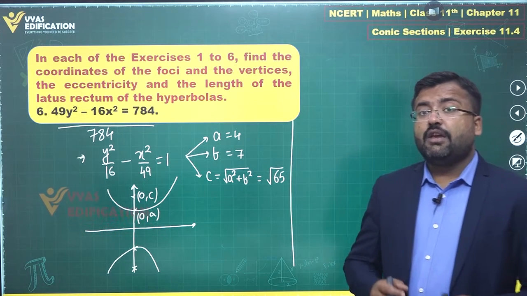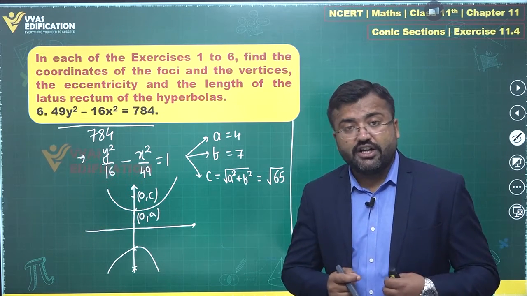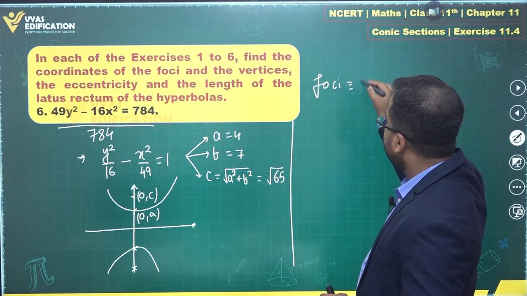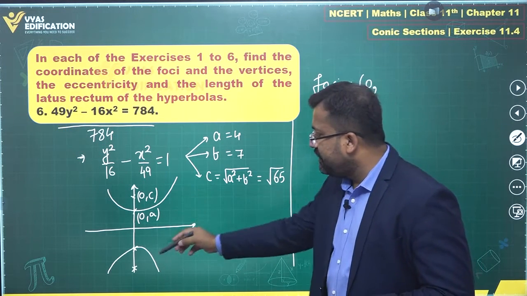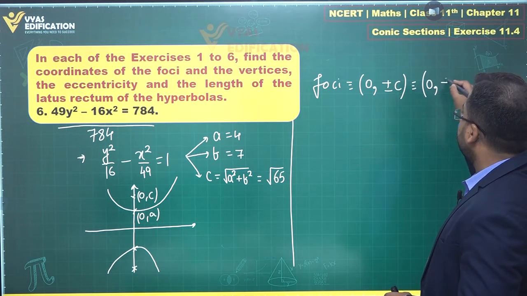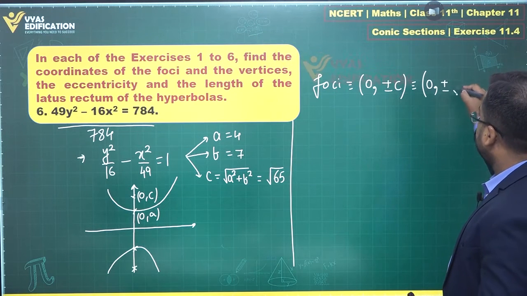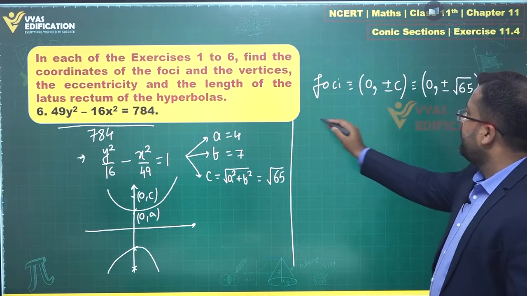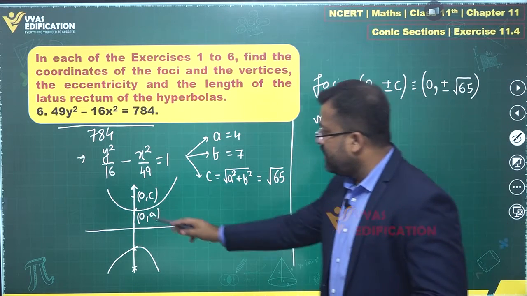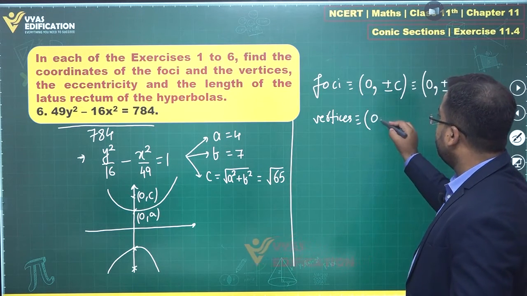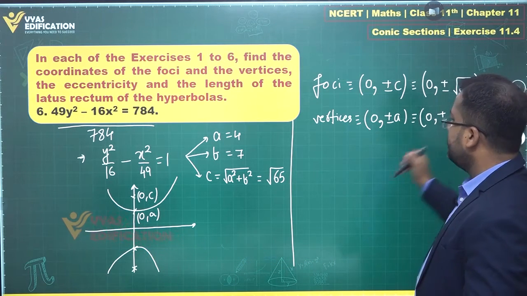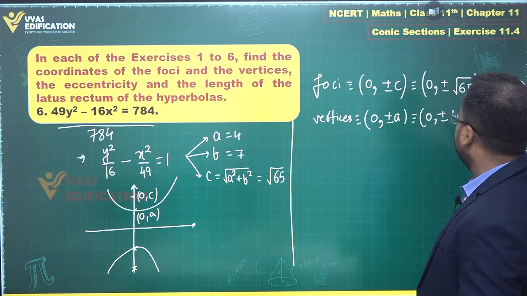Once you have found the values of a, b and c, it is very easy to write the coordinates of foci and the vertices, right? So foci will be 0 comma c, 0 comma minus c, 0 comma plus or minus c, which is 0 comma plus or minus root 65. Vertices will be 0 comma a, 0 comma minus a, 0 comma plus or minus a, which is 0 comma plus or minus 4, right?